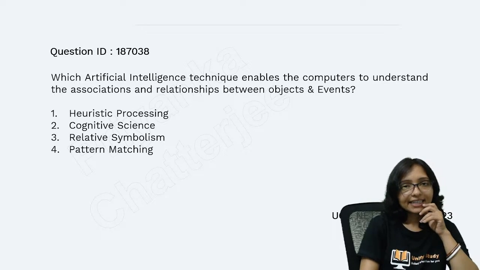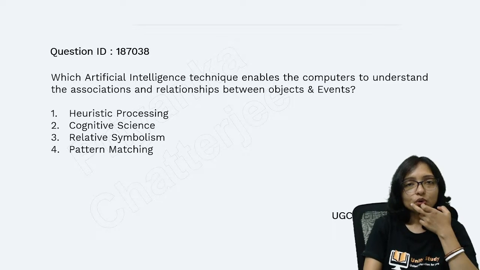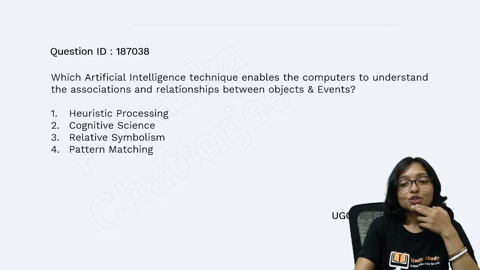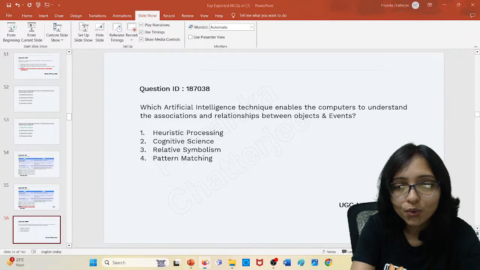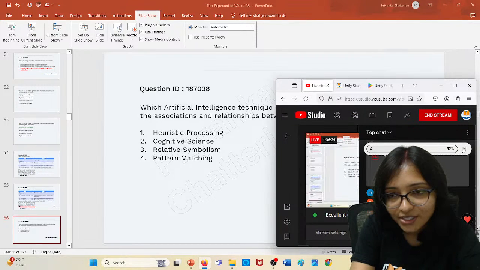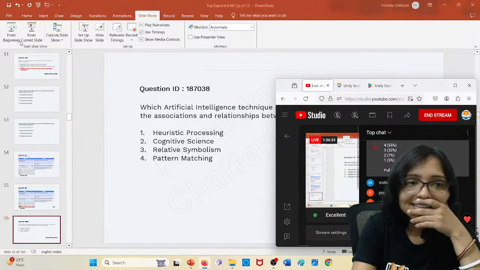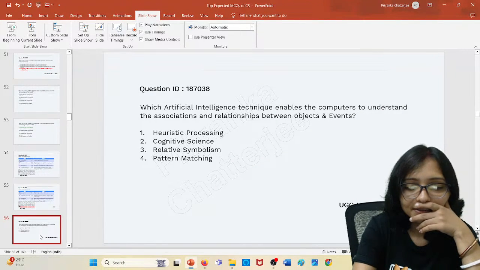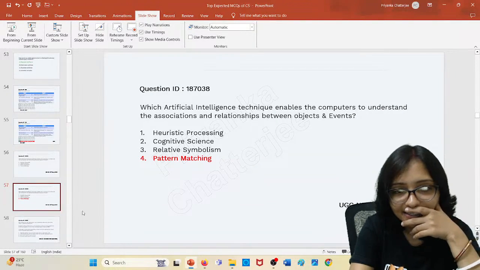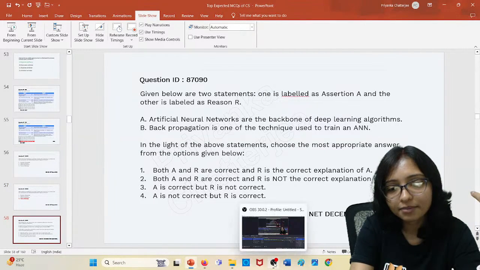Ten, 9, 8, 7, 6, 5, 4, 3, 2, 1 and 0. Your time is over. This answer is definitely pattern matching. Pattern matching is the correct answer, because definitely when you are doing it, it is pattern matching.